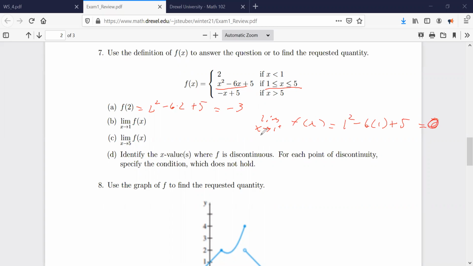And then the limit as x approaches 1 from the negative side of f of x is equal to 2. So what does that tell me about the limit as x approaches 1?